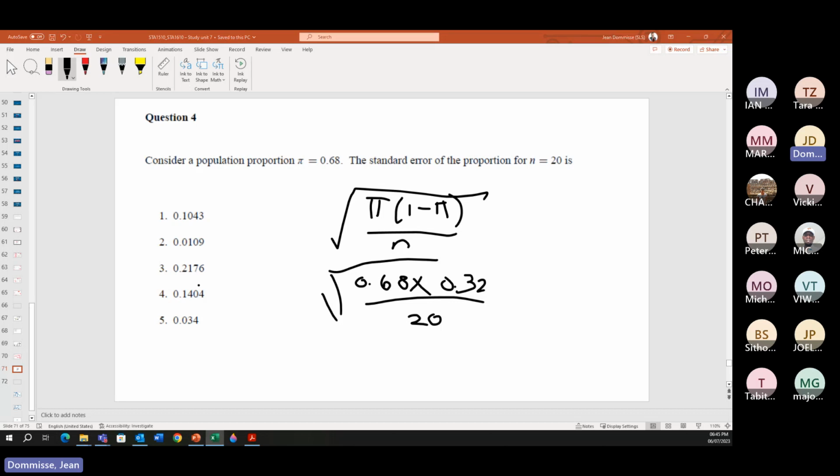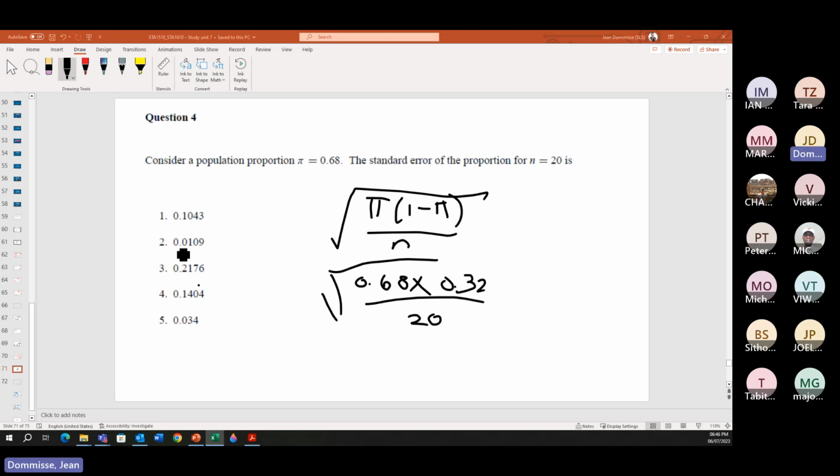So again, let's use Excel for that, but you can use your calculator. So 0.68 times 0.32, you get that answer. You divide it by 20, and then you take the square root.